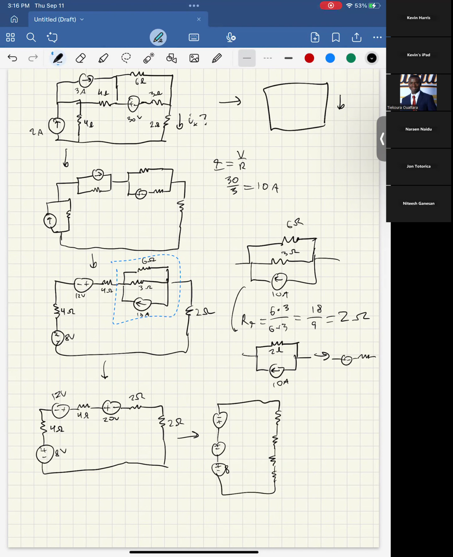And we actually end up with this specific question having a kind of funny situation where we go up 8 volts, up 12 volts. So from here to here, we have 20 volts. But then here we go down 20 volts. So what we end up with is that this whole thing actually has 0 volts.